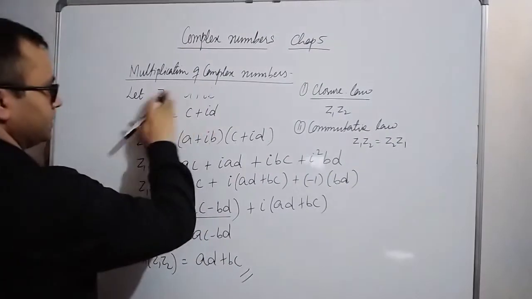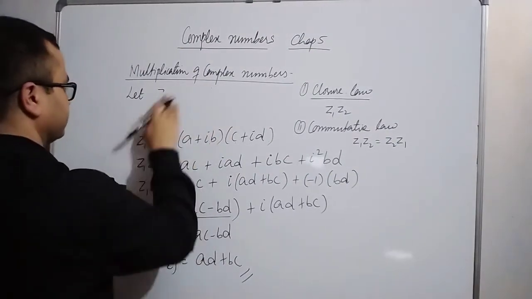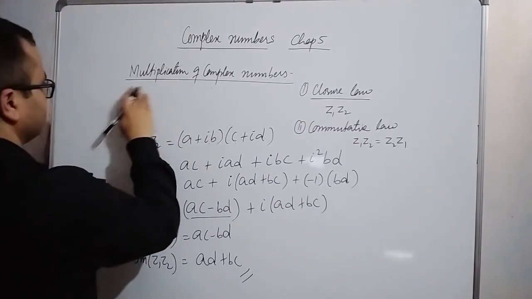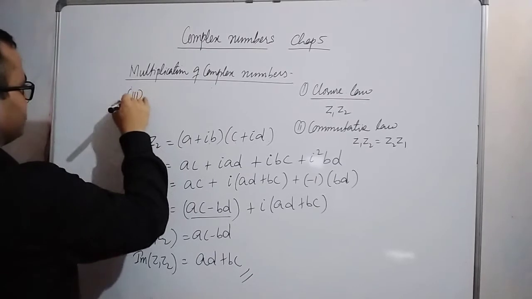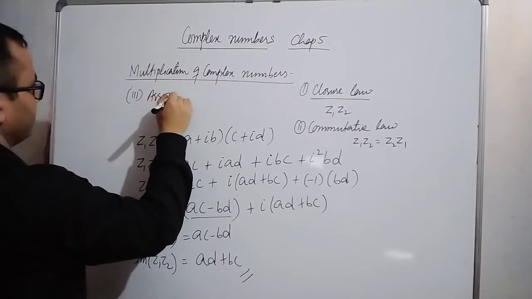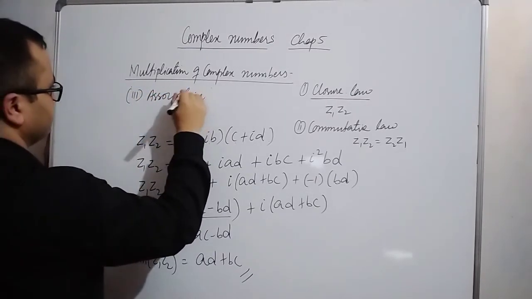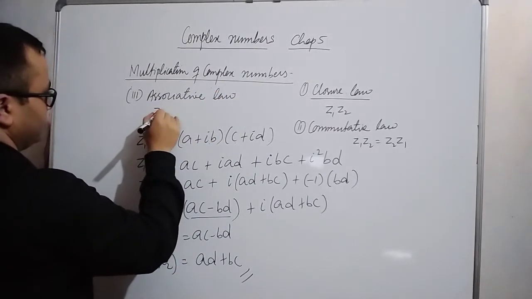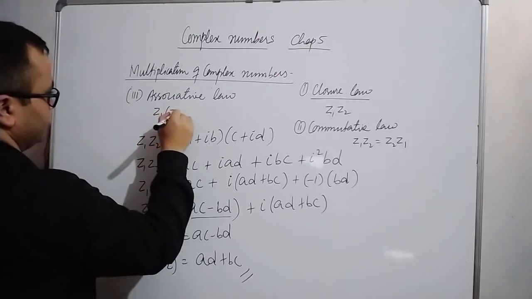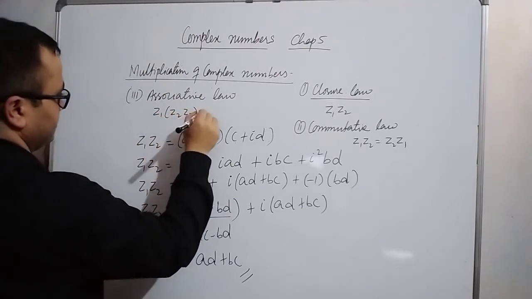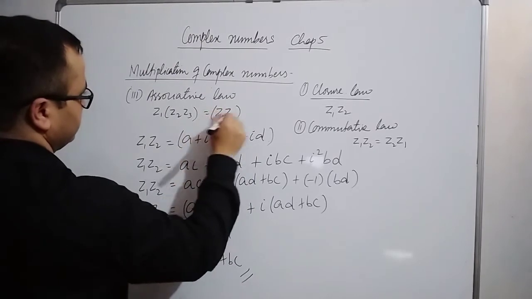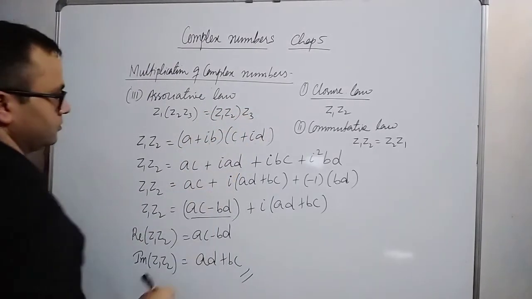Number 3 is associative law. There are 3 complex numbers: Z1 into (Z2 Z3) equals (Z1 Z2) into Z3. This is associative law.